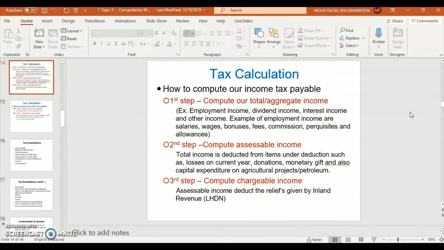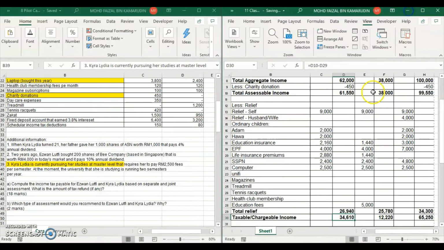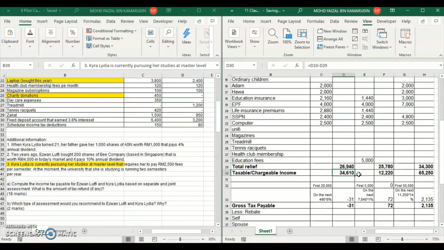There are 5 steps. We have done the first step, compute the total aggregate income, and then compute the assessable income, and just now we computed the chargeable income. Total assessable income minus total relief gives you the chargeable income.